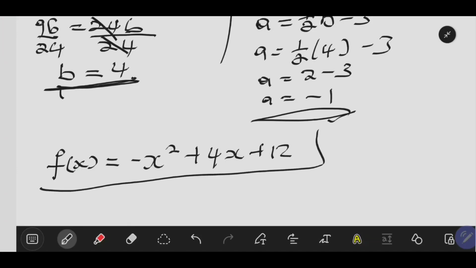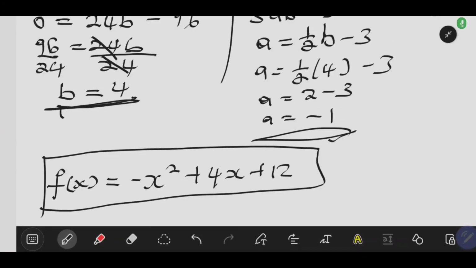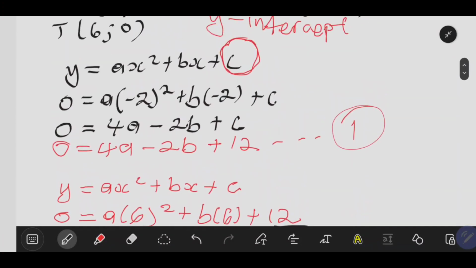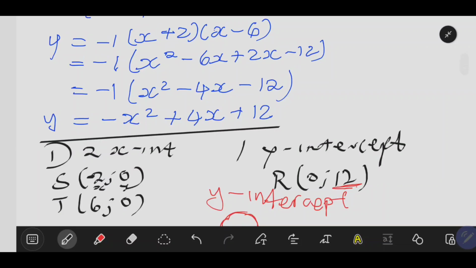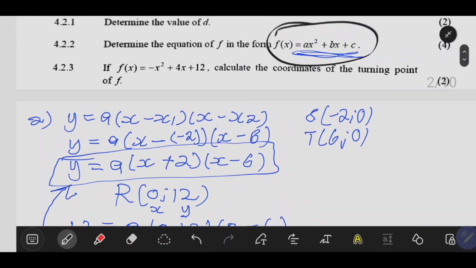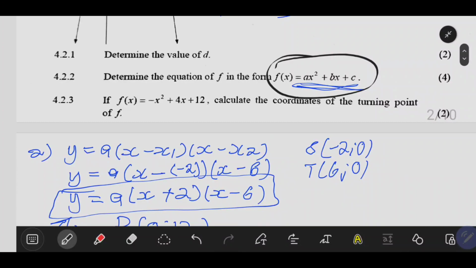So this is your equation in the form ax squared plus bx plus c, in that order. You see this equation corresponds with the equation that we found here using a different method. So you can choose the method that works best for you, and then the rest shall follow.